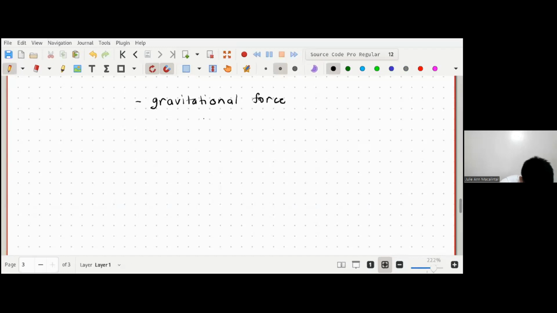So this is long range. And every pair of objects interacts via gravitational force.